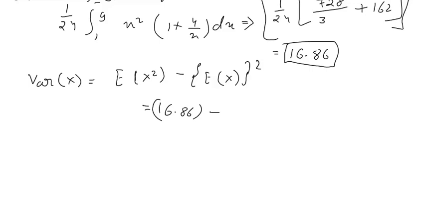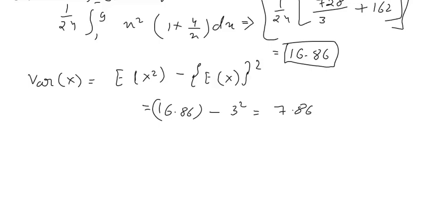Or we can say this is the value of E of x square minus the square value of E of x, which is 3 to the power 2. This gives the variance answer 7.86.